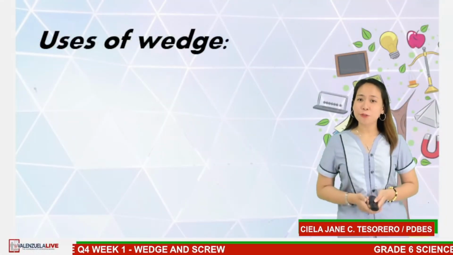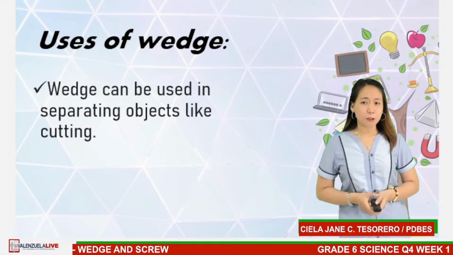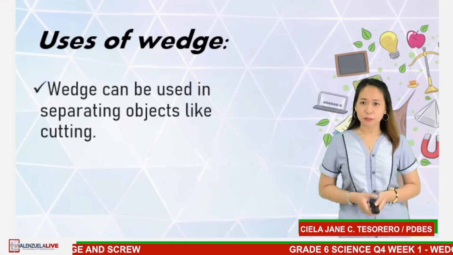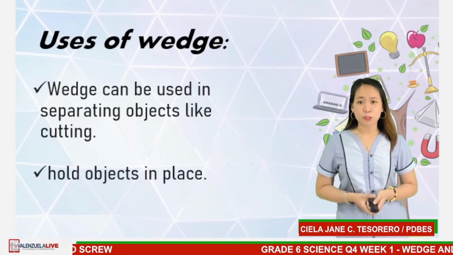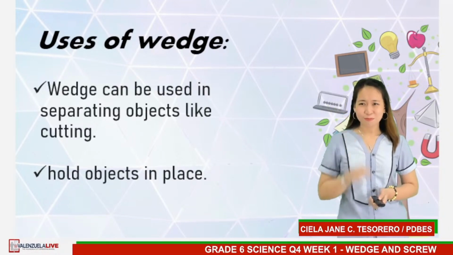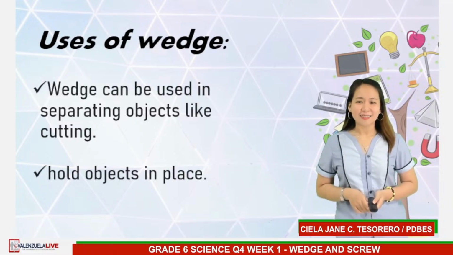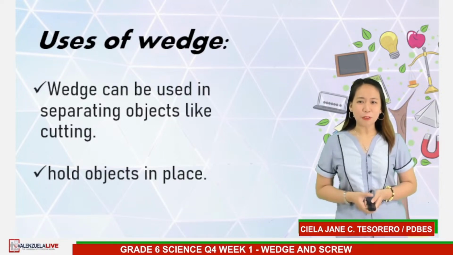Wedge can be used in separating objects like cutting. It can also lift an object, and it can also hold objects in place. Can you think of an example of wedge? Wow, we have a lot of examples.